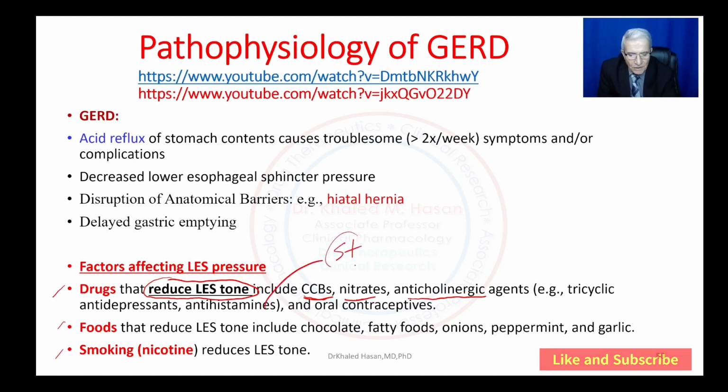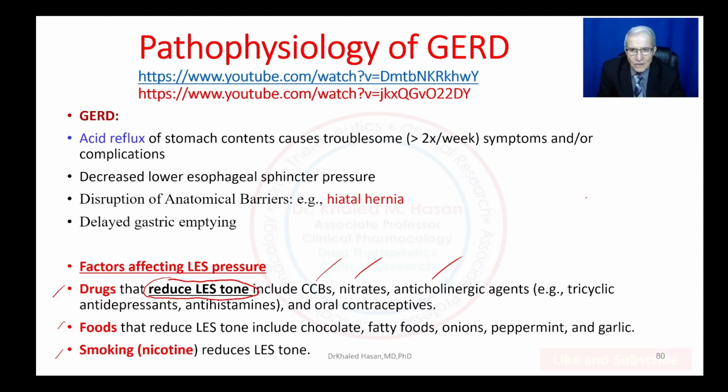And also oral contraceptives. So some medications may induce or accelerate symptoms of GERD: calcium channel blockers, nitrates, anticholinergic medications such as tricyclic antidepressants and antihistamines, and some oral contraceptive medications.